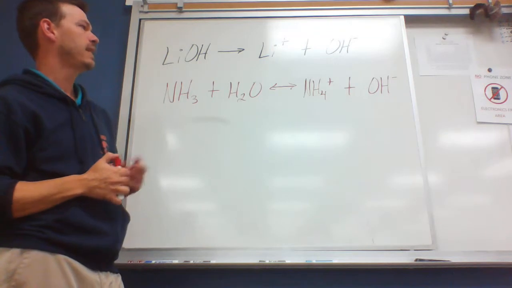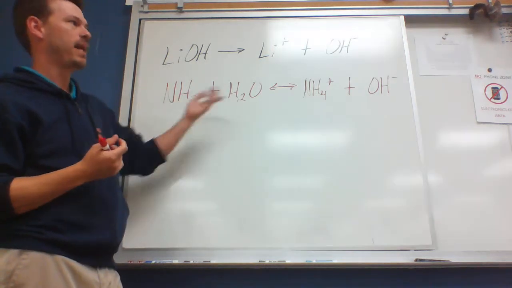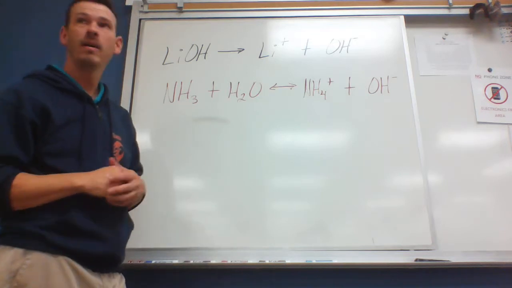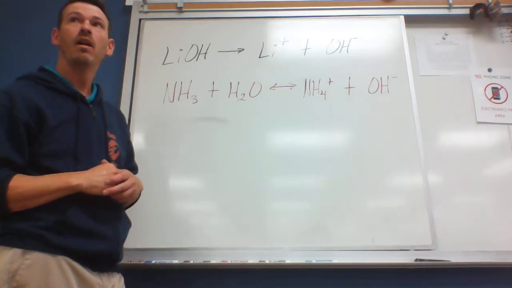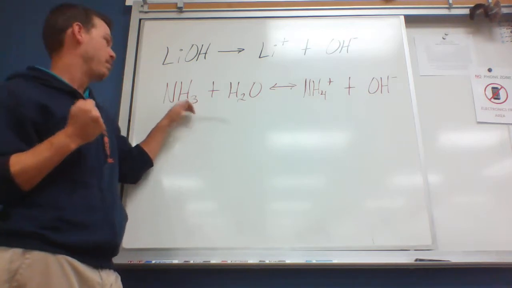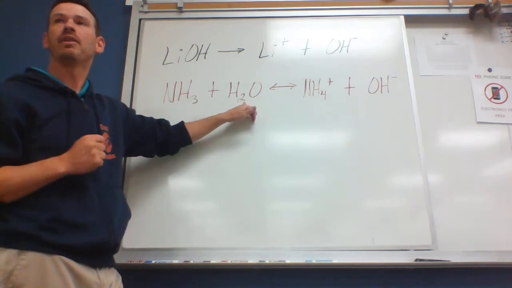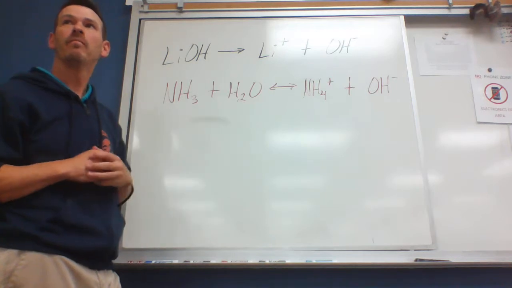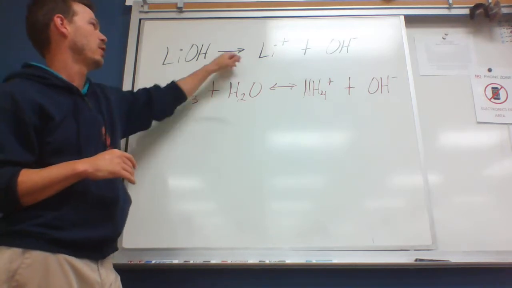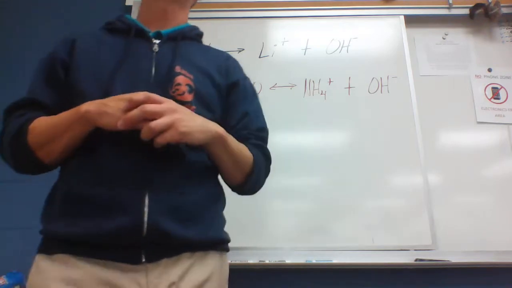So you can see how he's considered basic. He creates hydroxide. It's just that the bases always accept. So if the base is going to accept from water, the water had to give it. So ammonia can only create a solution with water. He won't have one of these dissociations where he's just spontaneously dissociating.